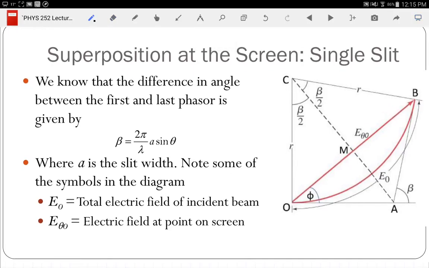This picture has marked an origin. That's where we start our phasors. It has marked A, B, and C. B is where the phasors add together at the screen. So if you go from O to B along the path that goes through M, so OMB, that tells you the electric field at a point on the screen.